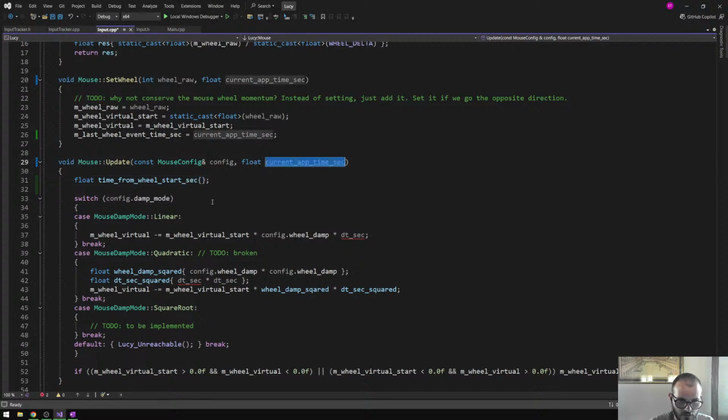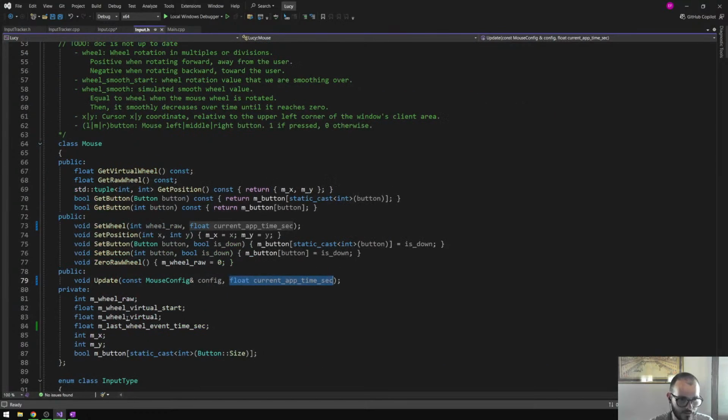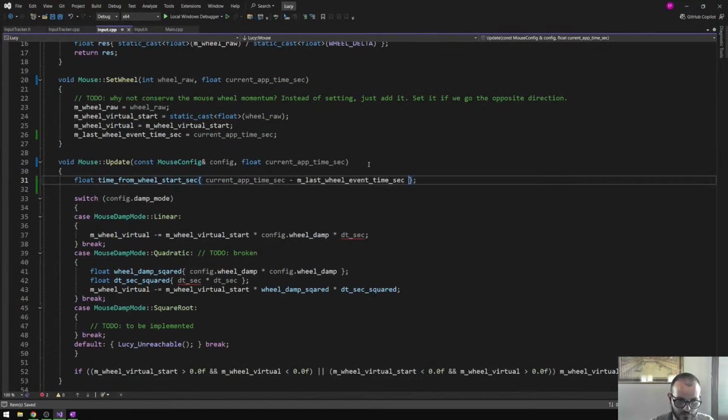It's the current uptime in seconds minus the last wheel event time. So the time from the last wheel event in seconds.